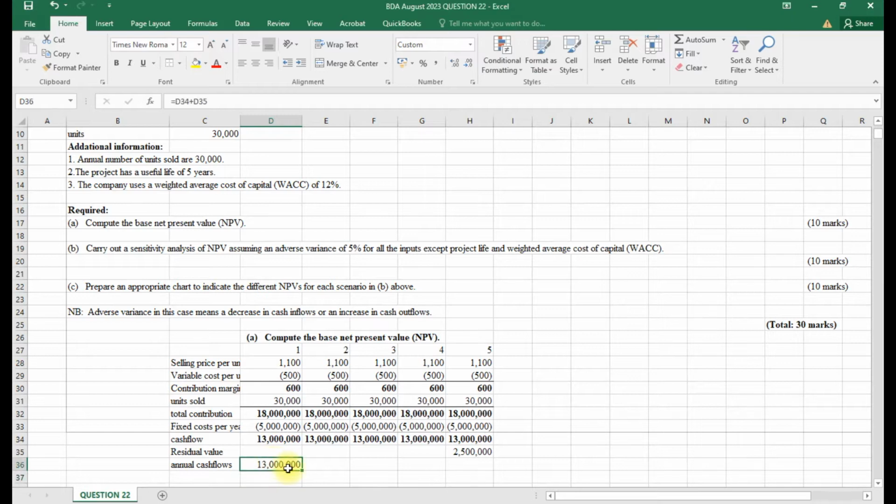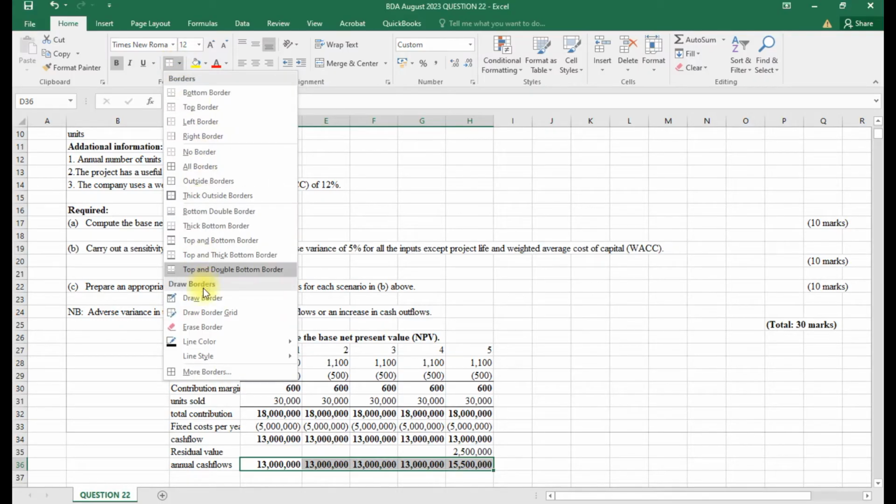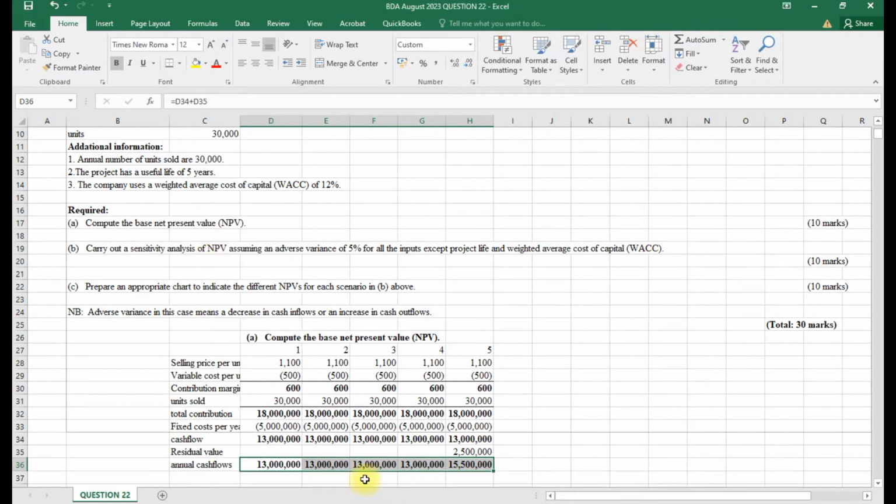And I enter and I drag this that way. I'll bold that value and I'll put the top and bottom border. That will be our annual cash flow in this case.